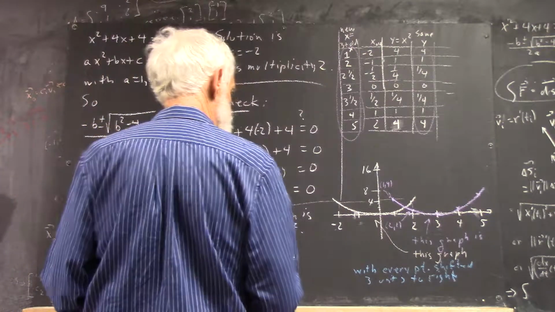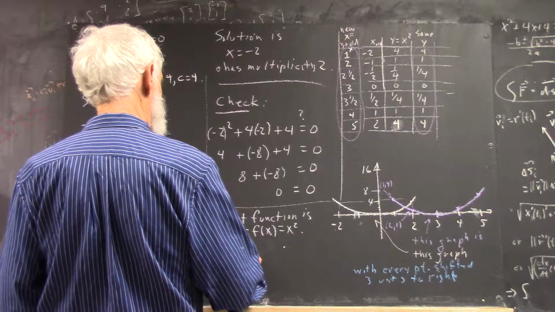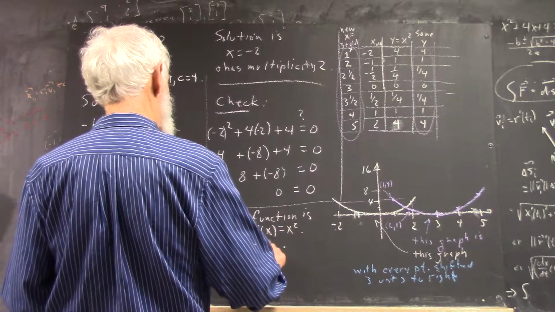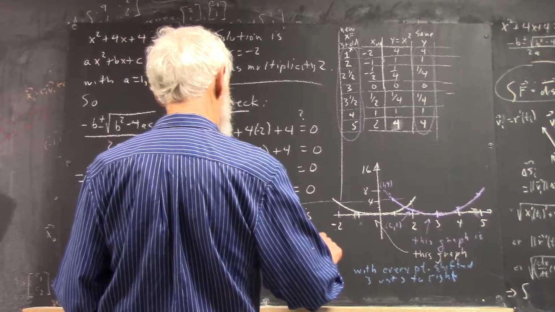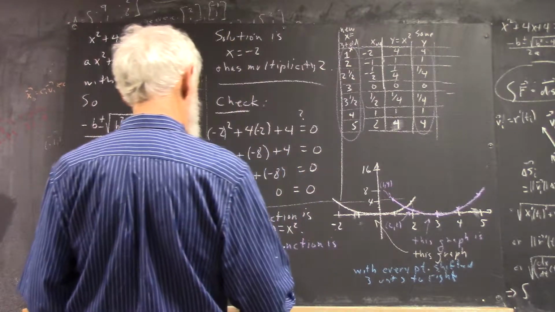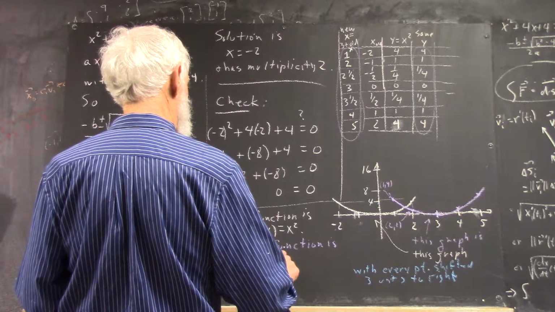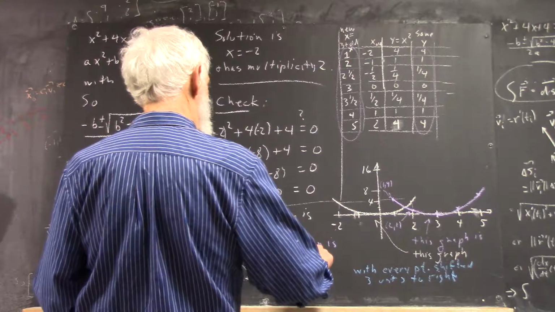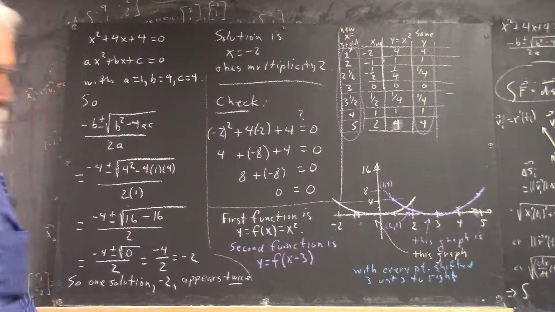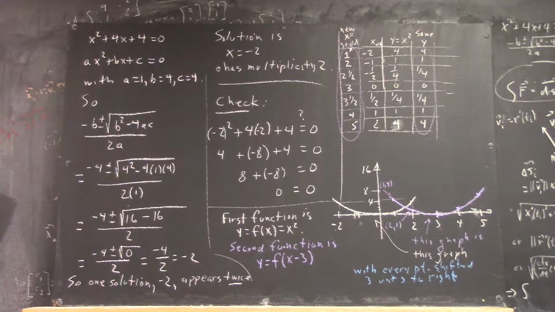Second function is y equals f of x minus 3. Okay? You might not believe me, but I'm going to prove it to you.